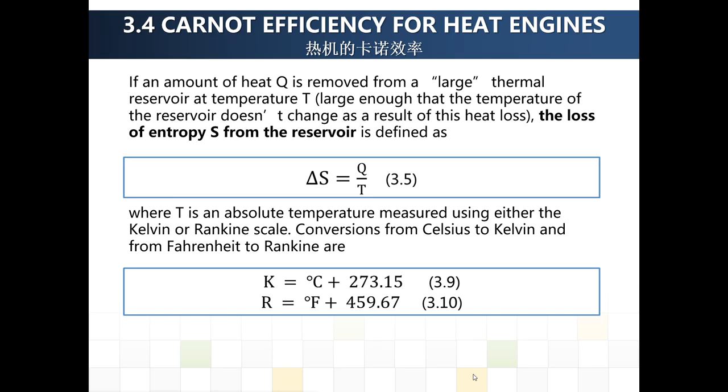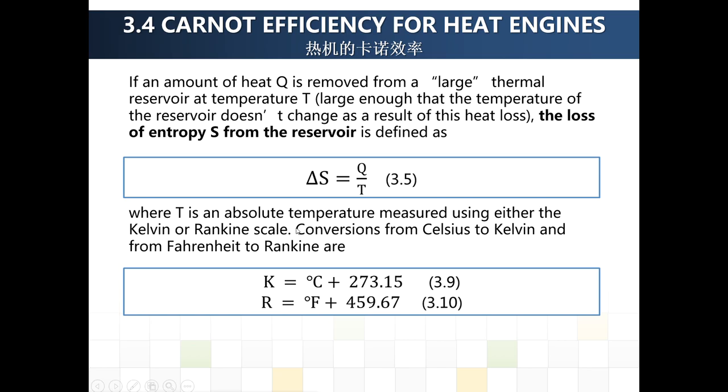If an amount of heat Q is removed from a large thermal reservoir at a temperature T, the loss of entropy S from the reservoir is defined as delta S equals Q divided by T. Q is the heat from the thermal reservoir, and T is the temperature.